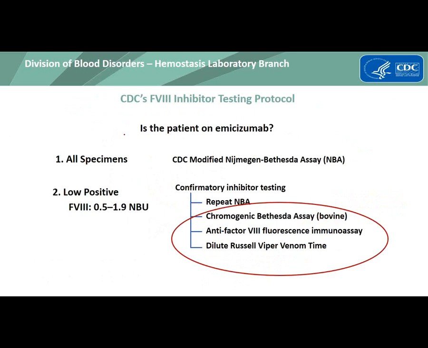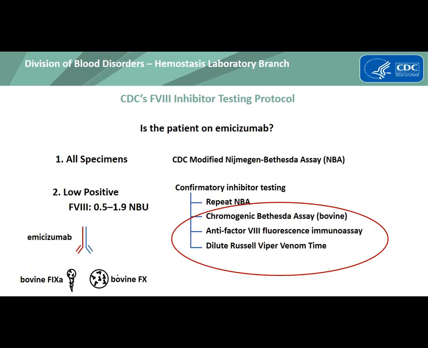Due to the fact that you can't use a Nijmegen-Bethesda on patients who are taking emicizumab, we've added a top-level question to CDC's factor VIII inhibitor testing protocol, and that is: is the patient on emicizumab? If the answer is no, we proceed as normal. But if the patient is on emicizumab, we skip over the CDC's modified Nijmegen-Bethesda assay and move straight into the confirmatory tests, which are the chromogenic Bethesda assay utilizing bovine components, because, out of a stroke of luck, emicizumab is unable to bind bovine 9a or bovine 10.